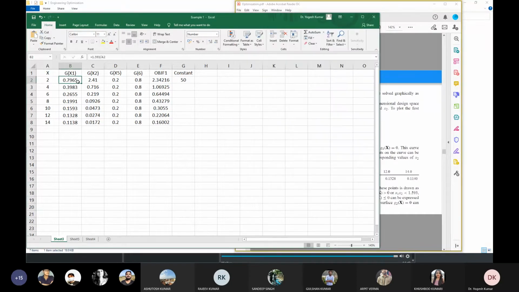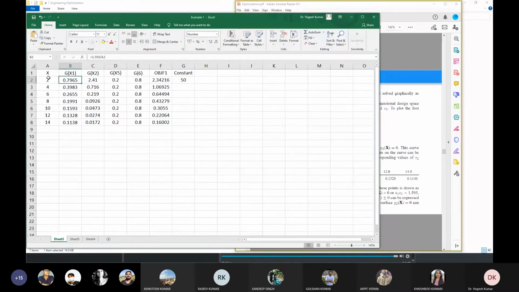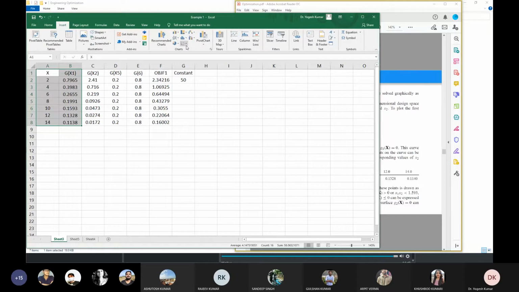These are entered here. Here you can see corresponding to 2 we have 0.7965, then corresponding to 4 and so on. Accordingly, I have entered these values, which are corresponding to your values of x1, 2, 4, 6, 8, 10, 12, 14. If I select these two sets of values and want to draw the plot, we have to go under Insert, and there is an option to insert a plot.